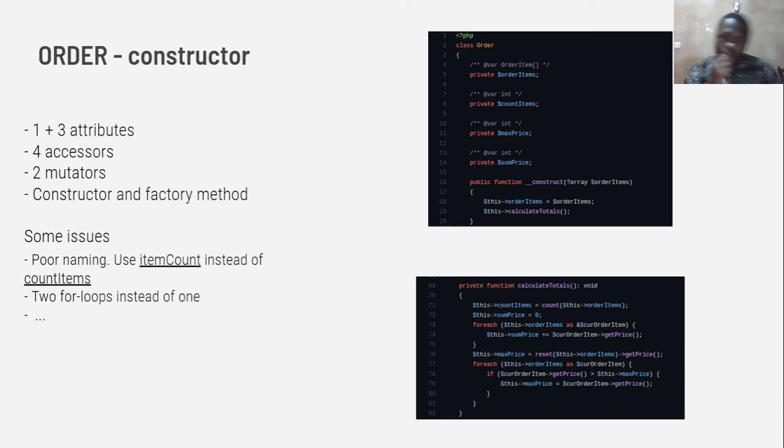At first glance, we see the naming convention is not really good because we have verbs like count items and sum price, which do not really convey the sense of what we are trying to do here. We are having class instance variables, so we should use names like item count instead of count items. At the level of the constructor, the code does not really check if data is being given.